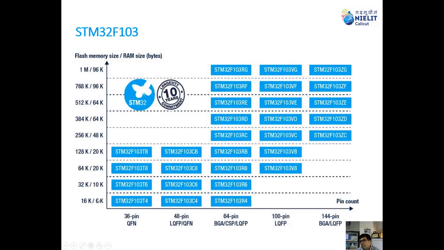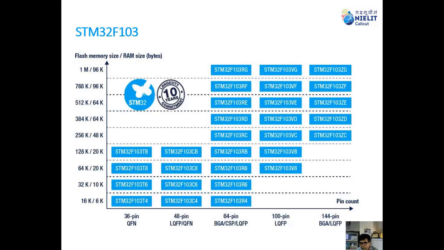Now coming to our targeted development board, STM32F103. This is the controller we are using in the upcoming few days, so that you will be developing applications related to this STM32F103 base. Under the F103 itself, there are many packages available.